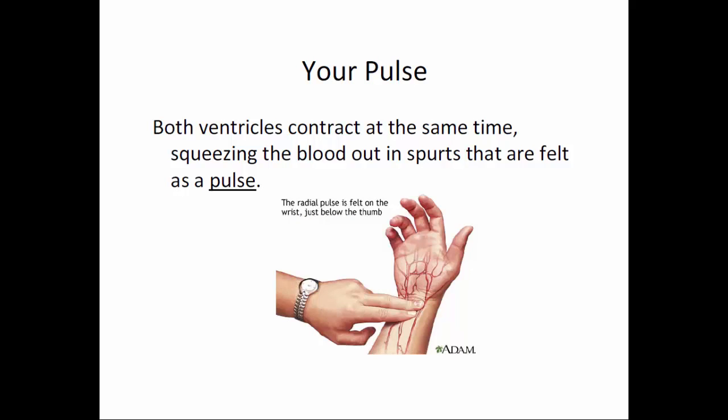And we can, in fact, observe this pumping of the blood when we check our pulse. So the arteries are actually under pressure, and so they expand when the heart pumps, and we can feel this as our pulse, and you can check it in your wrist or in your throat.